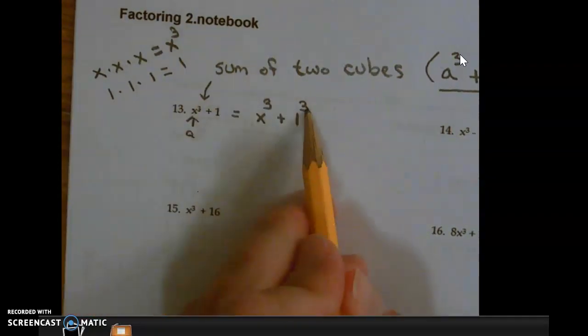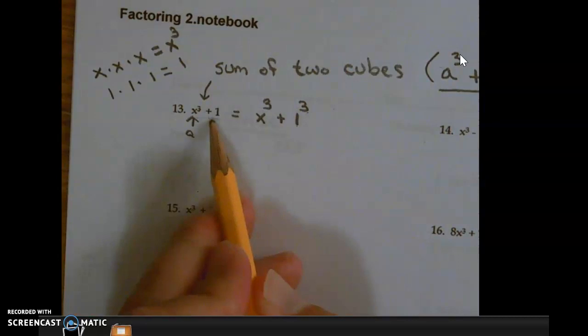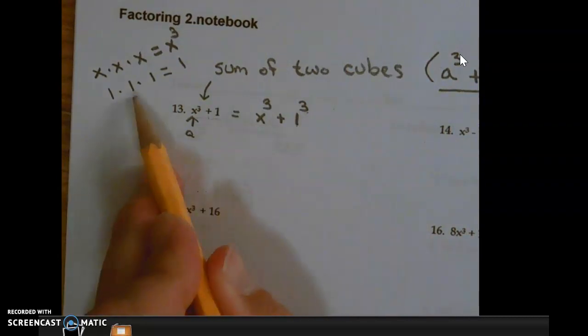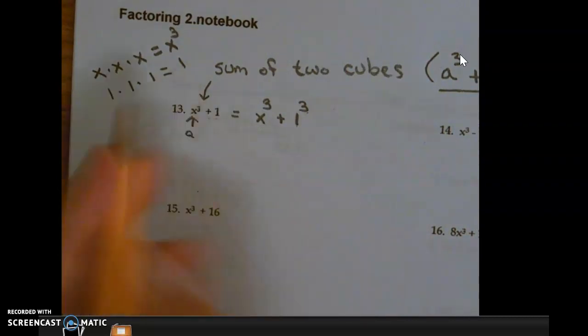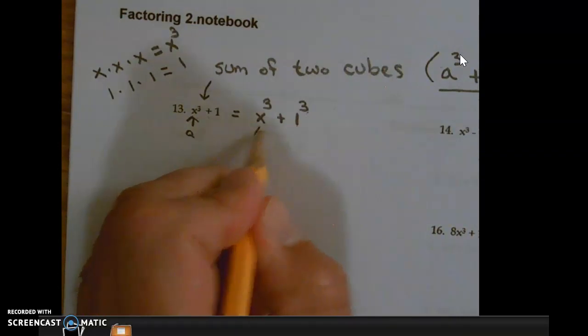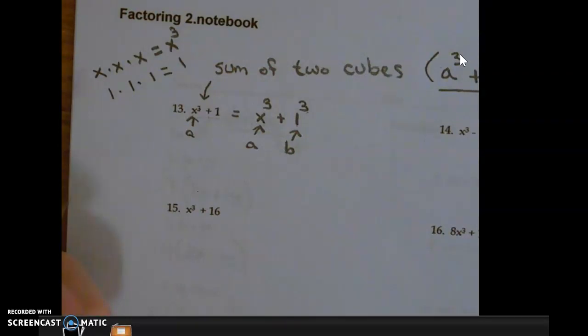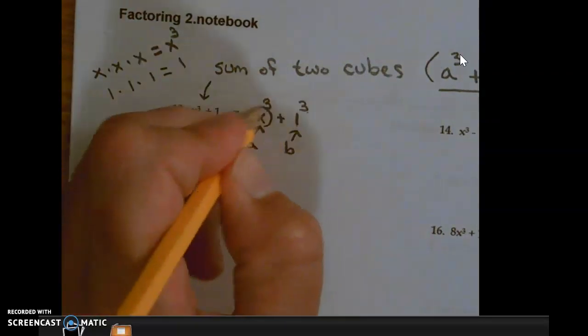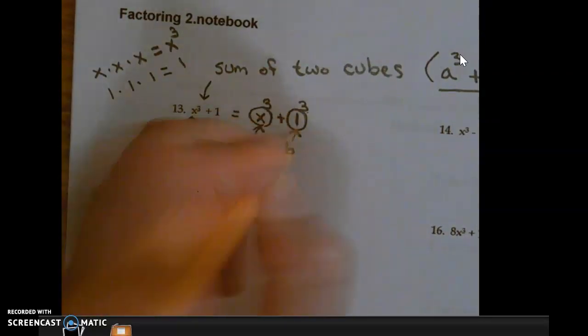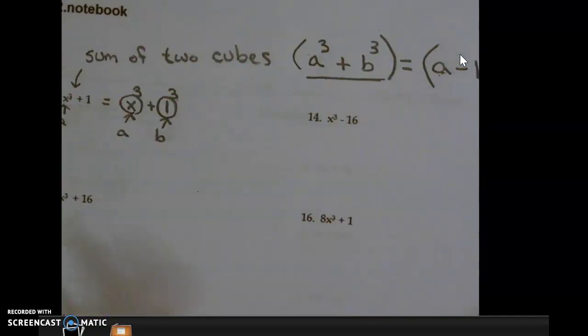Well, 1 cubed is 1. 1 times 1 times 1 is 1. So we know what a is, and we know what b is. So all we have to do is plug these two terms into this formula.